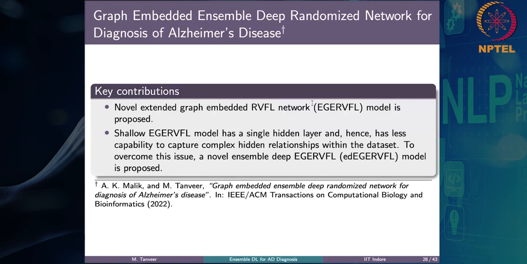This one we usually call the shallow model, shallow EGERVFL. It has a single hidden layer and it has less capability to capture complex hidden relationships within the data set. So to overcome that issue, we also have extended our concept for the ensemble deep variant. And we propose this one. More details are available here.